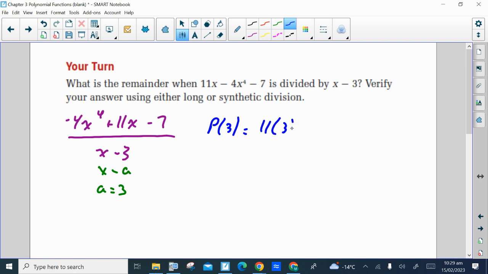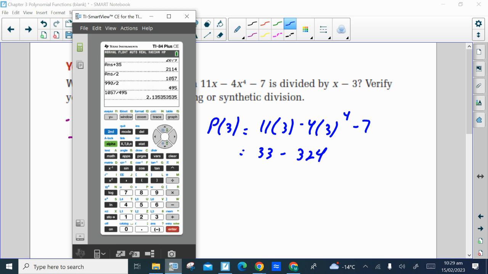11 times 3 minus 4 times 3 to the 4th minus 7. 11 times 3 is 33, take away. Now 3 to the 4th is 81, times 4 is 324, I think.